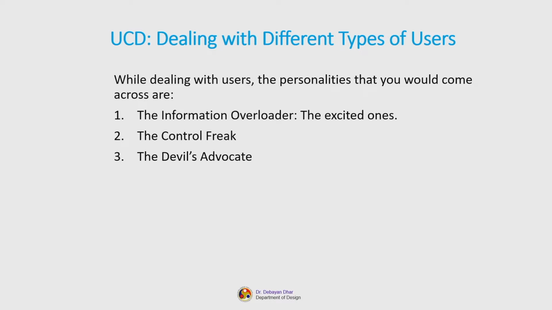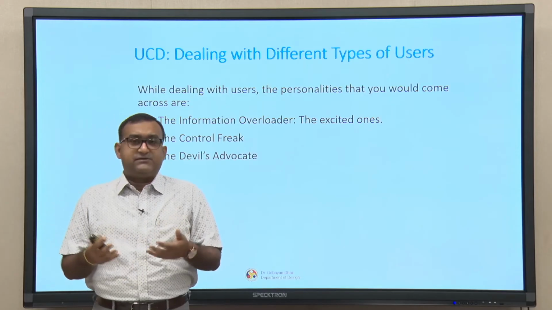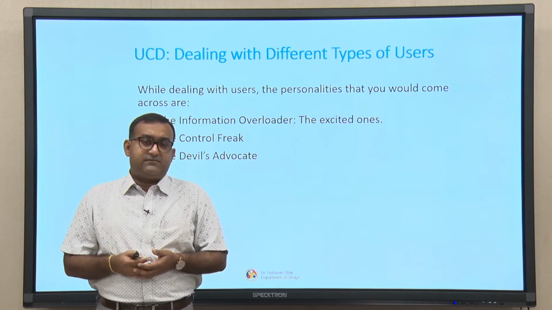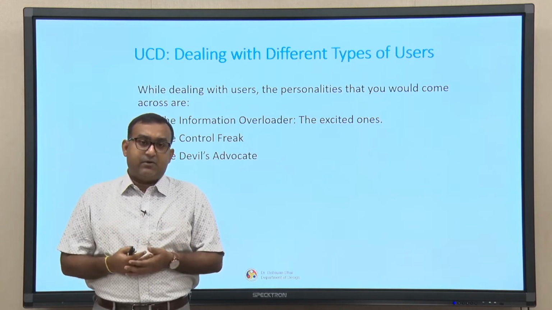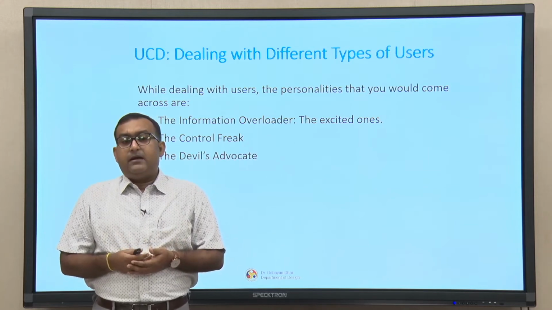Some of the major types of personalities that you would come across are the information overloader, the excited ones, the control freak, and the devil's advocate. In the subsequent lectures, we will discuss them in detail.